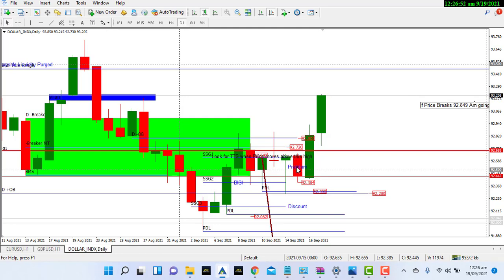An inside day is a day in which the trading range was kept within the range of the previous day.